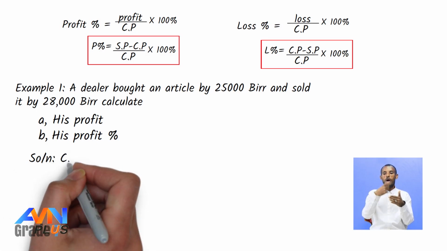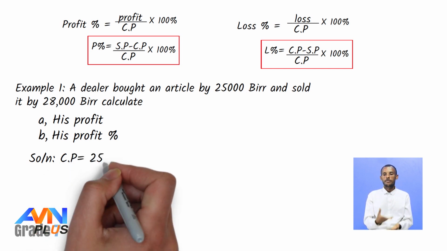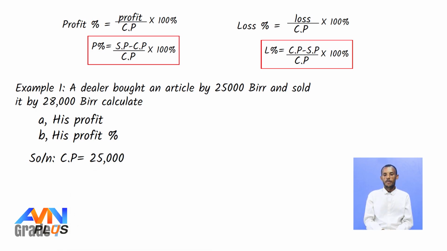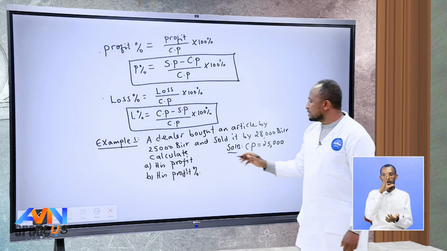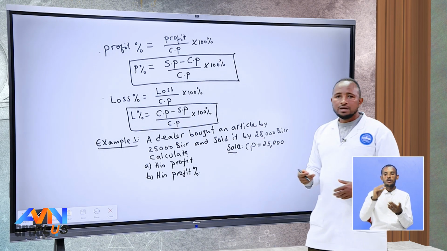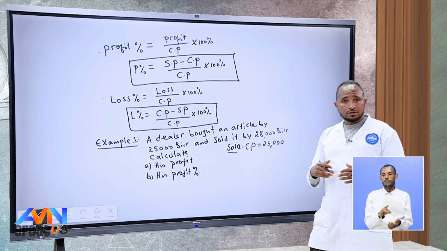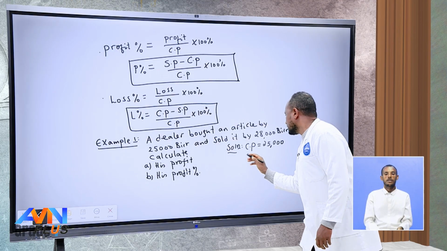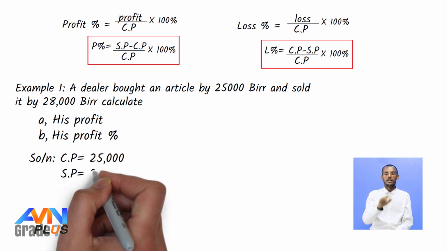The cost price is 25,000. And sold it by 28,000 birr. So this is the price at which an article is sold. Therefore, it is the selling price. Here, the selling price is 28,000.